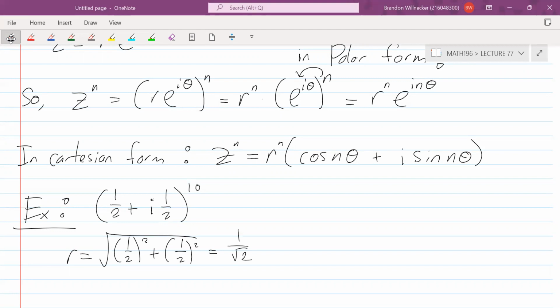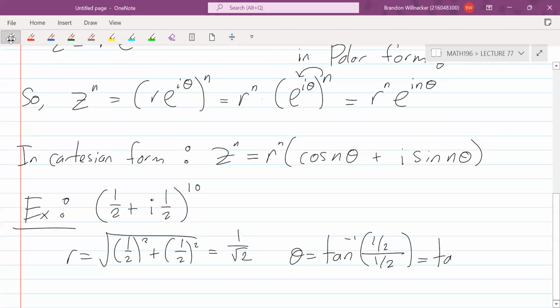Okay, so we got the value of r, and theta is going to be arctan of (1/2) divided by (1/2). Okay, because y is 1/2, x is 1/2. So that's going to be arctan of 1. That's just going to be pi over 4.